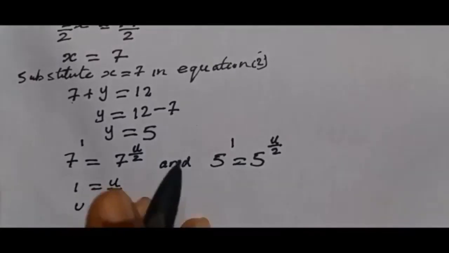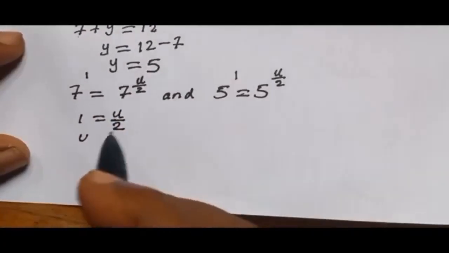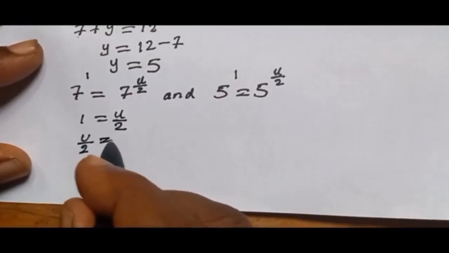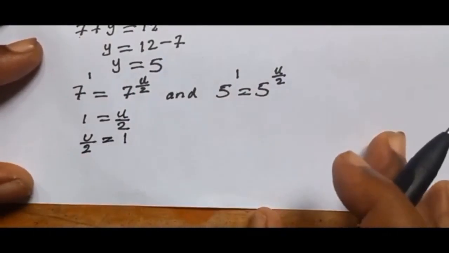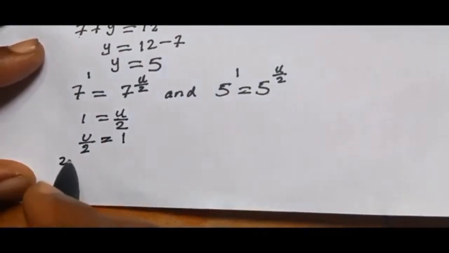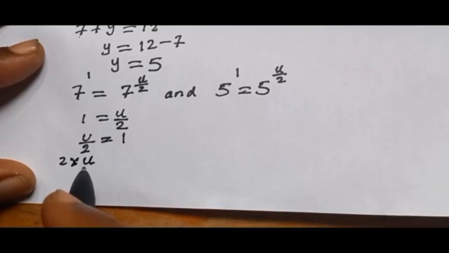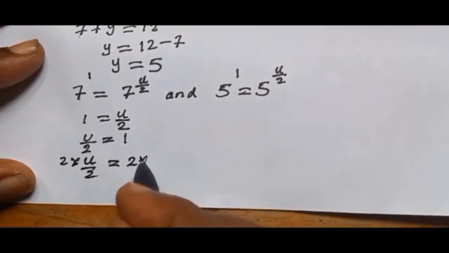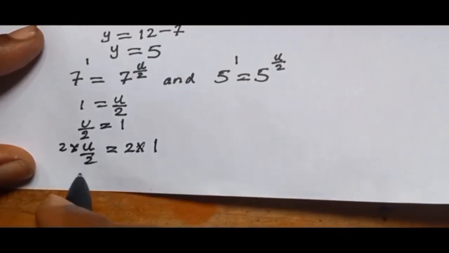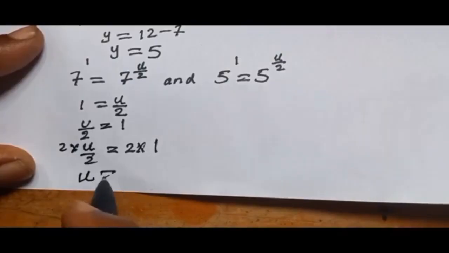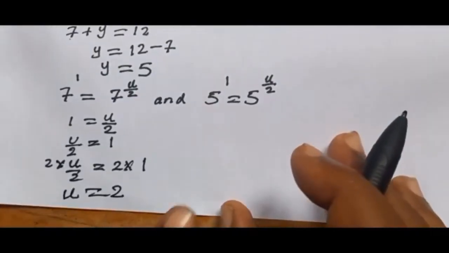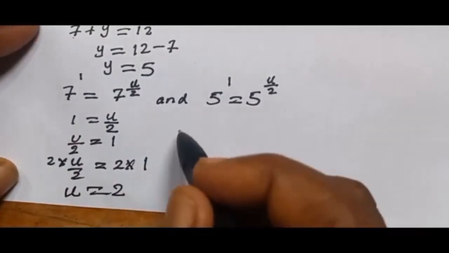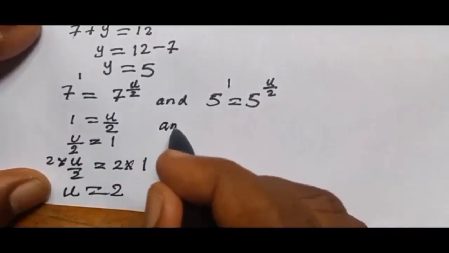So u over 2 equals 1. Multiply by 2 both sides. So we have 2 times u over 2 equals 2 times 1, which is, we get u equals 2. Even in this case, we are going to get u as 2. Let us proceed.